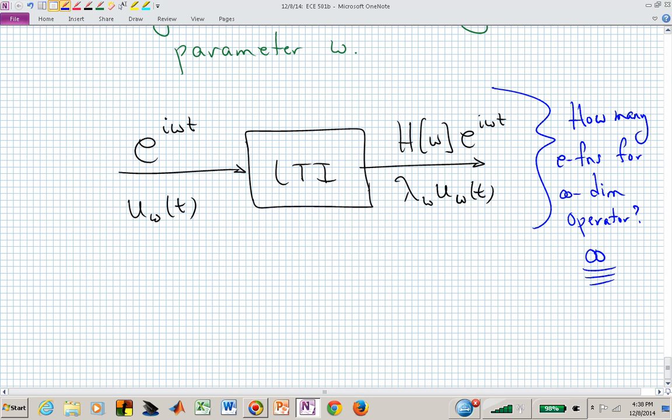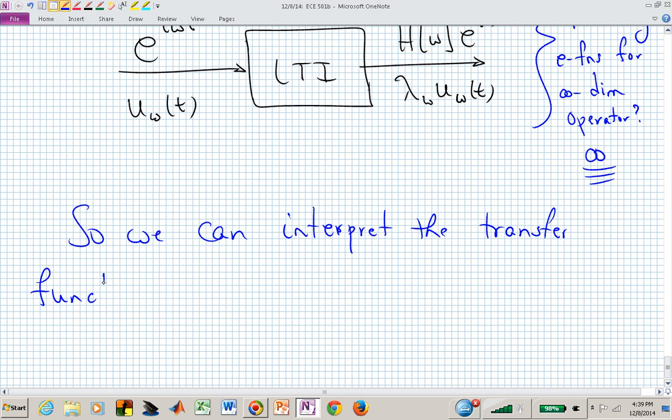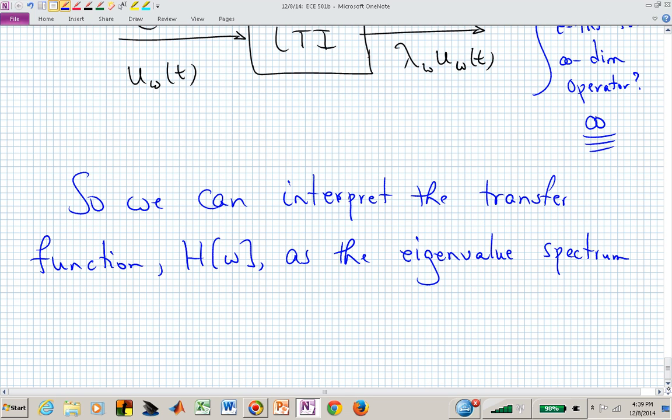And so now we can interpret the transfer function, this H of omega, as the eigenvalue spectrum, since it's now continuous in nature with respect to frequency, as the eigenvalue spectrum of this operator T.